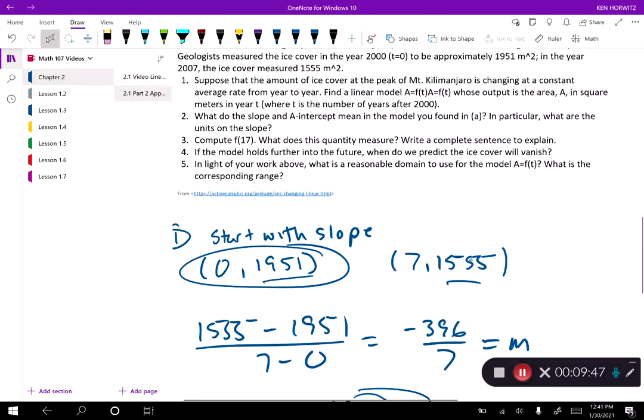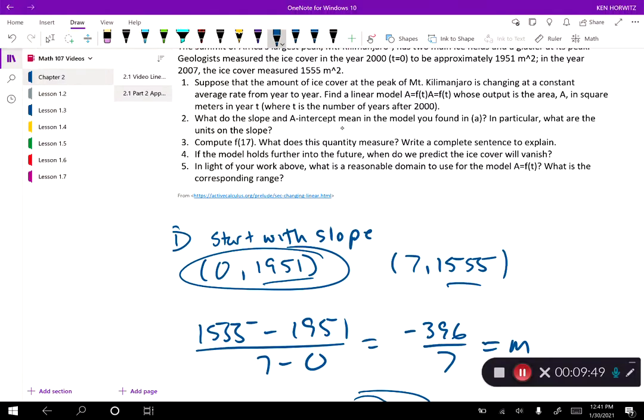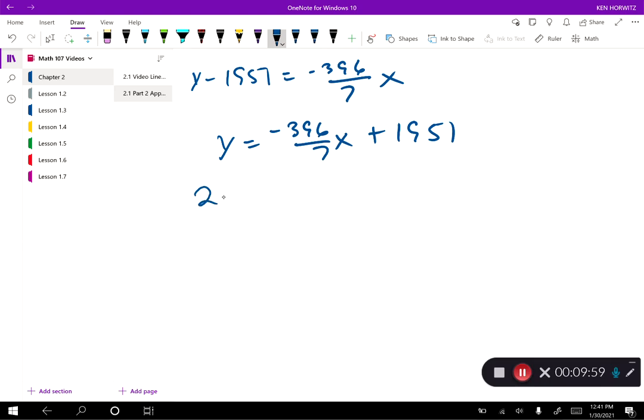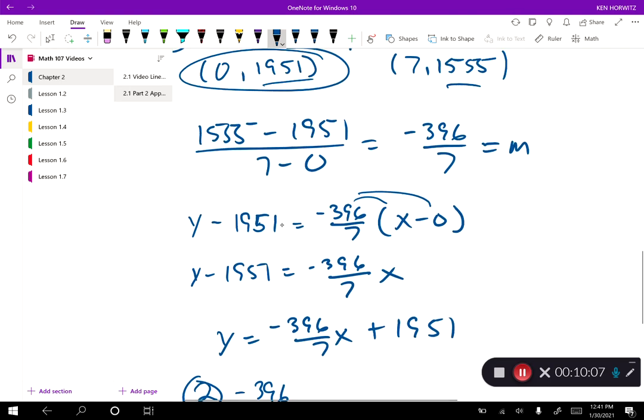Let's see, what is number 2? What do the slope and the intercept you found in A mean? In particular, what are the units on slope? All right, the second part just feeds off the first one. So my negative 396 divided by 7, what are the units on that?